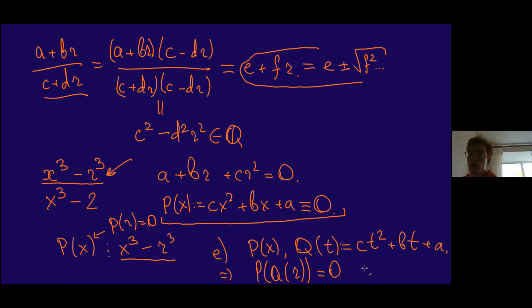The polynomial P of Q of T is a polynomial with rational coefficients, and r is its root.